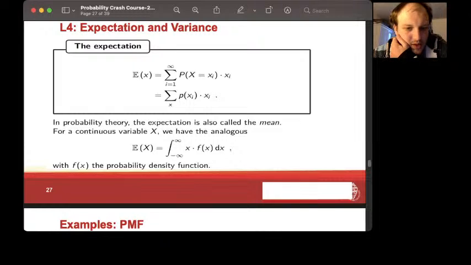So the example with the casino was: if you can win 5 euro with probability of 20% and then 100 euros with probability of 1%, you can just multiply and add this together, and then also consider the probability that you wouldn't win anything with the complement of these two.